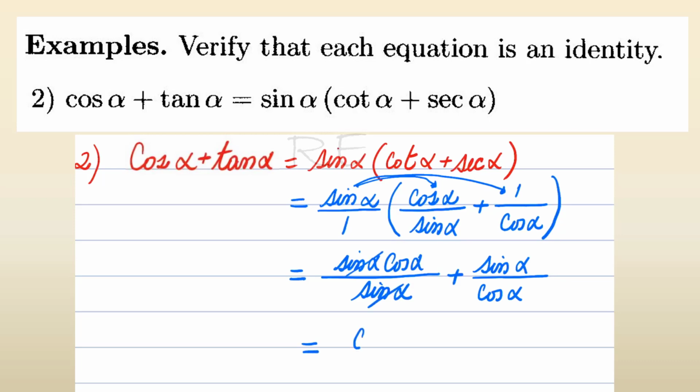We're left with cosine alpha plus sine alpha over cosine alpha is tangent alpha. So our conclusion, cosine alpha plus tangent alpha is equal to cosine alpha plus tangent alpha.